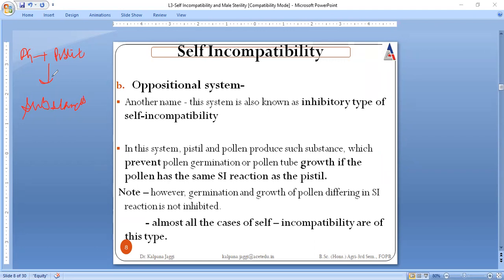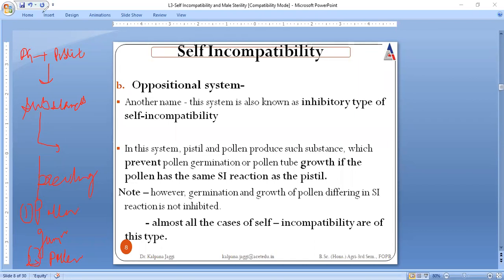The interaction is again going to release certain substances, but now in this case these substances are preventing, first, pollen germination, and secondly, the growth of the pollen tube, because the substances are involved in inhibitory action.